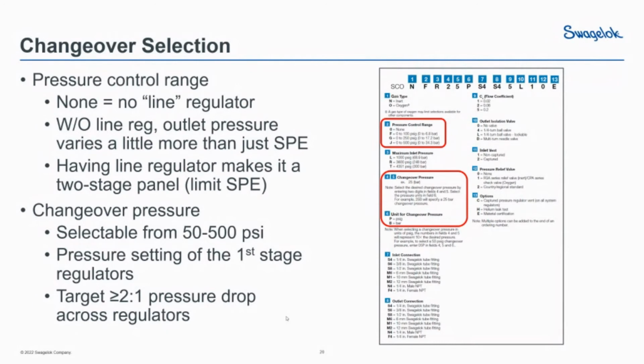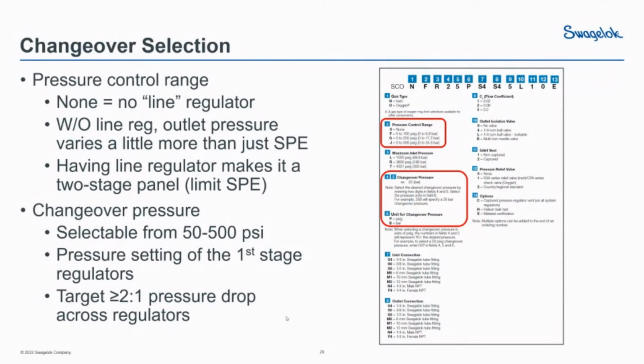Now, when you consider the changeover pressure, first of all, the SCO is user selectable and you can pick it on any value between 50 and 500 psi. And remember from our operations slide, that changeover pressure selection dictates the setting of those first stage pressure regulators.